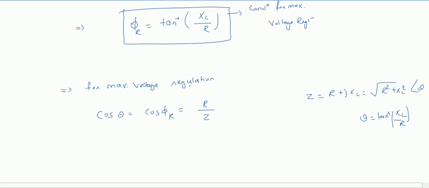So the transmission line should never be operated at this power factor, because we do not want maximum voltage regulation. We want voltage regulation to be minimum. At this power factor, the transmission line should never be operated, right?